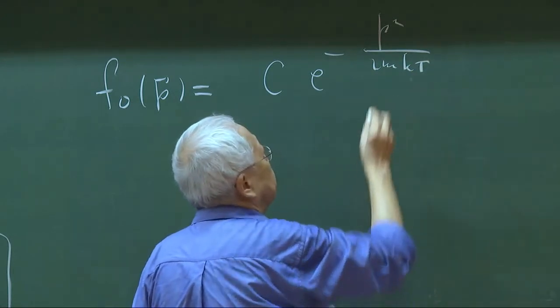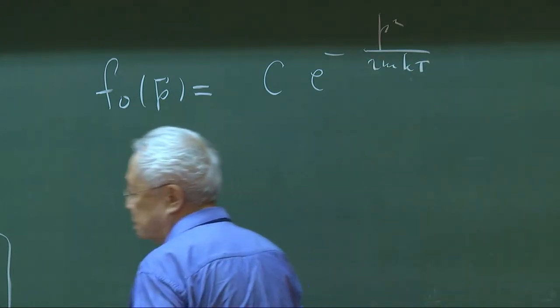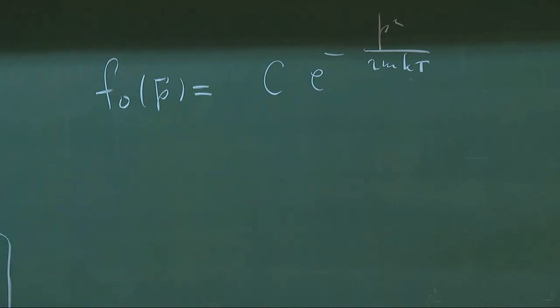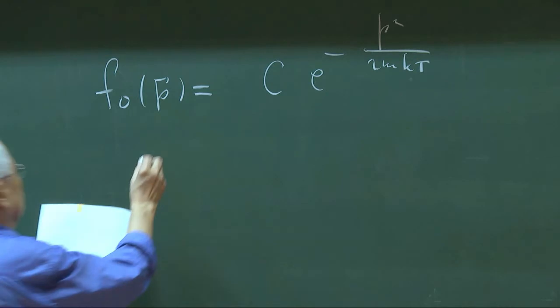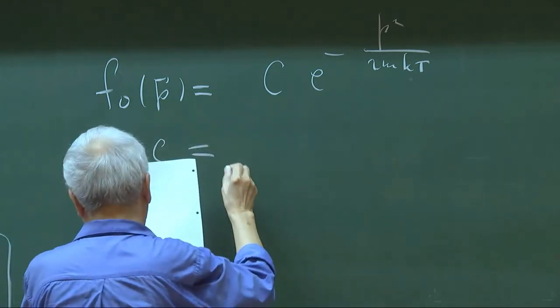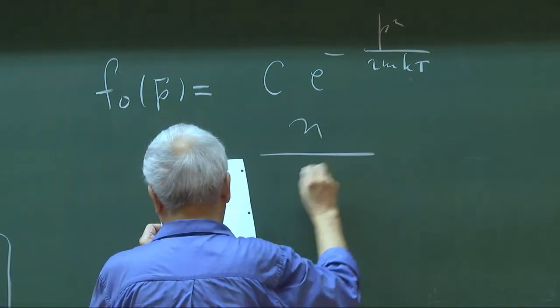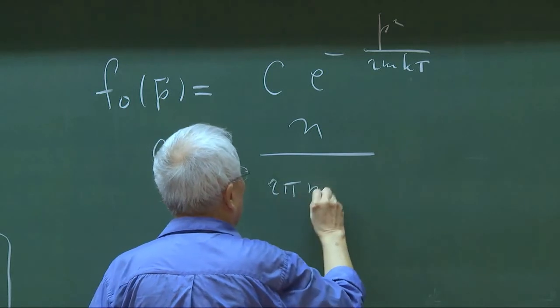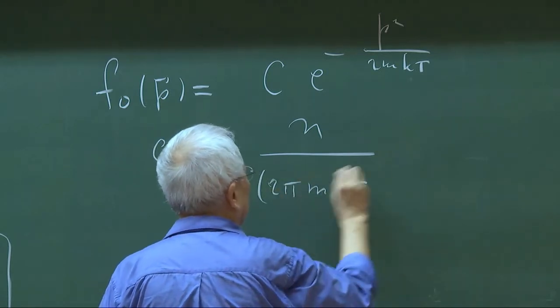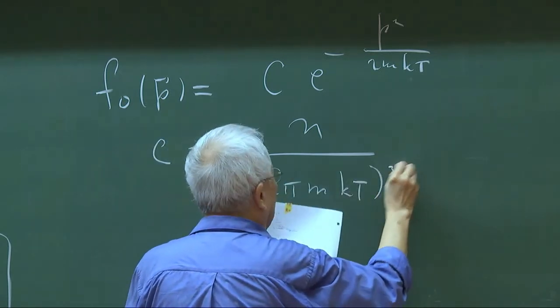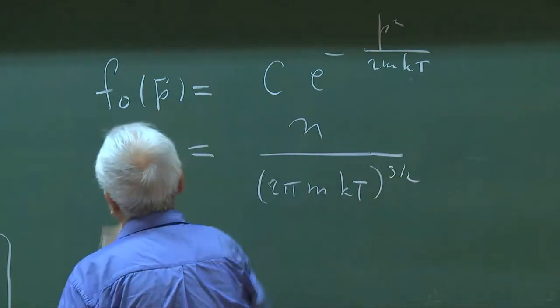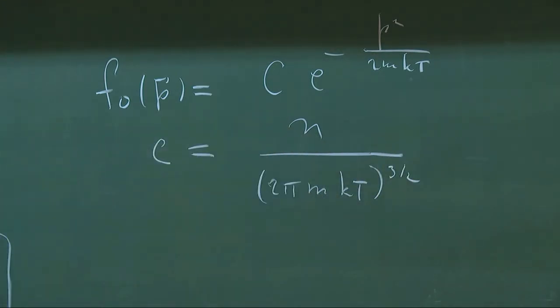Sometimes I leave out the Boltzmann subscript B if there is no confusion, just to save writing. And C is equal to N over (2 pi m kT) to the 3/2 power. And that is the Maxwell-Boltzmann distribution expressed in terms of temperature.